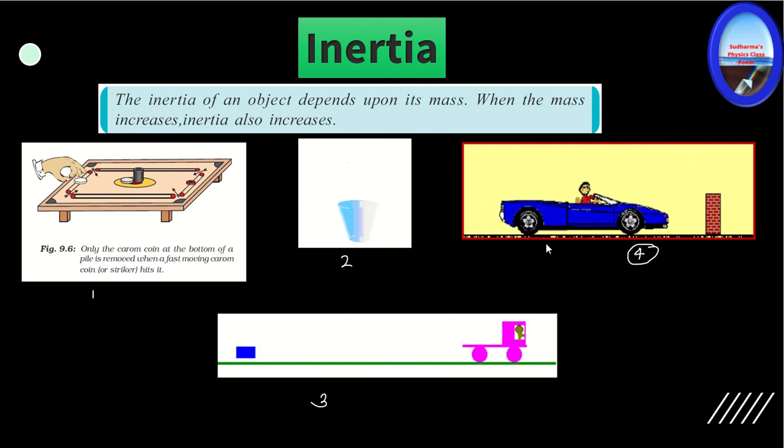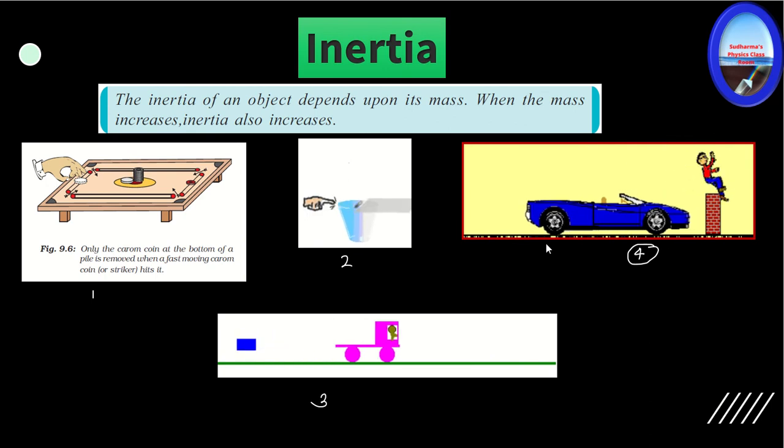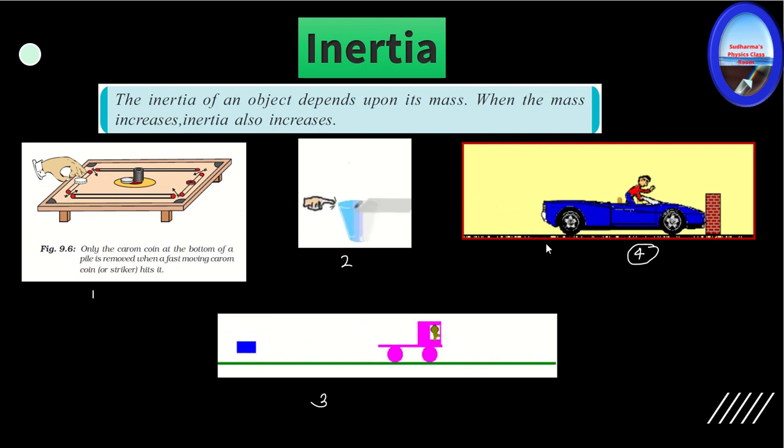When the bus suddenly moves, we try to move backward, because we are in the state of rest initially. Our body wants to be in the state of rest, but the bus started moving. So our body tries to resist that change in motion. So what happens?